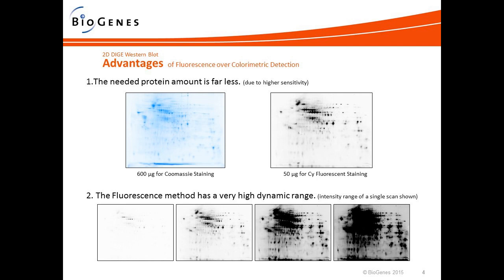The evaluation software uses the whole information of the total dynamic range. Important for 2D Western blotting, this high dynamic range applies to the HCP pattern as well as to the antibody detection pattern. Therefore, it is not necessary to produce multiple blots with different intensities.